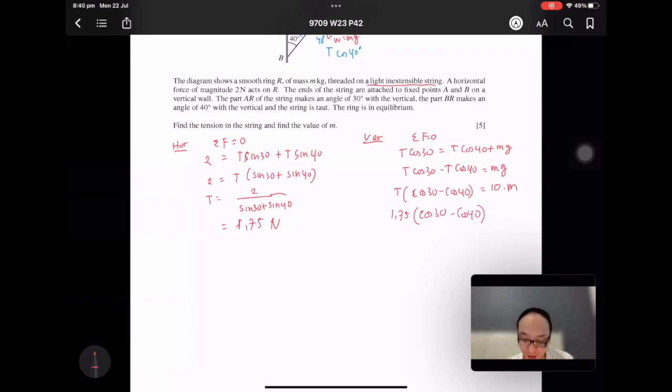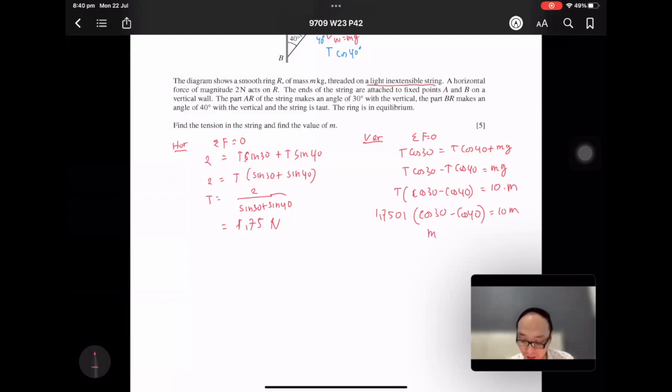So we have to use the real answer for this, yeah? 1.75, 0.1. So I just take 5 significant figures, equals 10m.